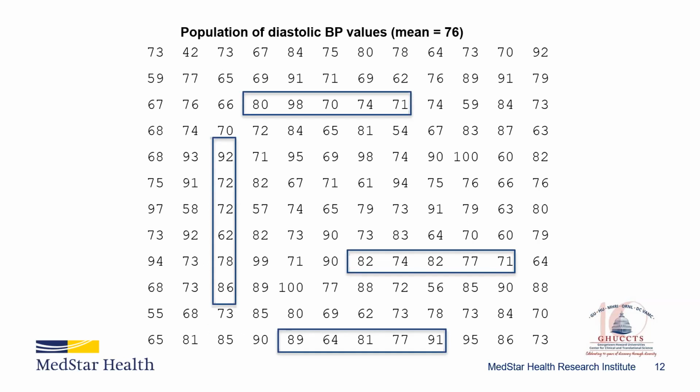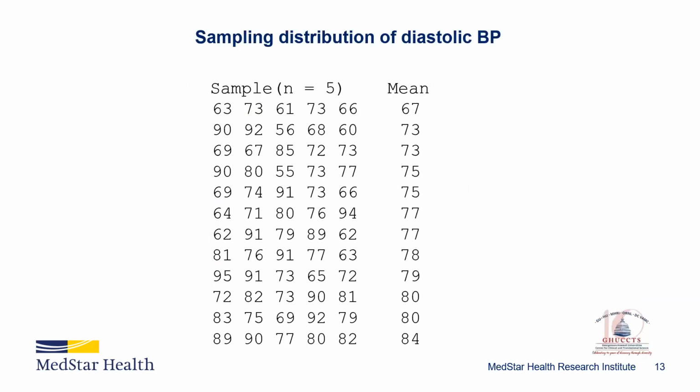For each of these samples that we randomly draw from our population, we can calculate the mean. I have a few here that I've drawn randomly, with N's of 5, and calculated the mean of each of the samples.